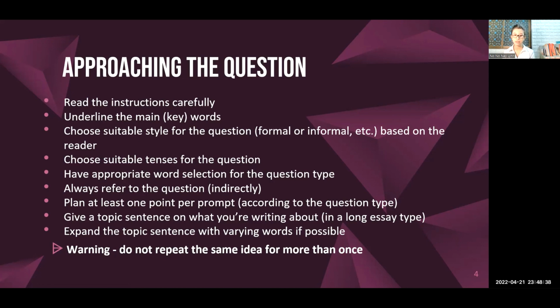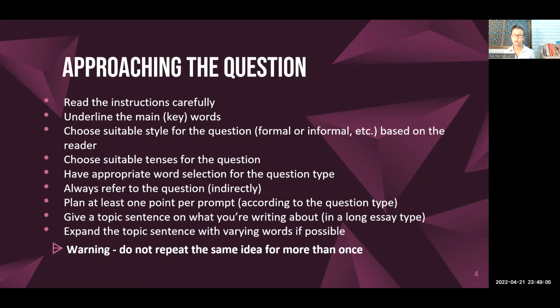Repeating the same idea more than once, for example, would be like, I am coming to you next week, and then, next week, I am coming to you. These two are literally the same thing, only with different structures, so this is unnecessary. If you have stated your main idea once, then it's okay.